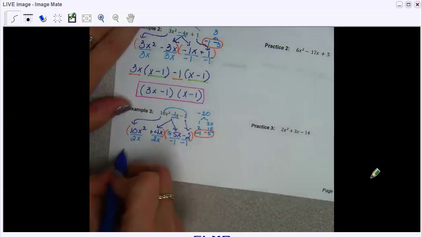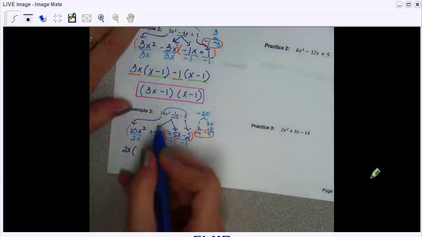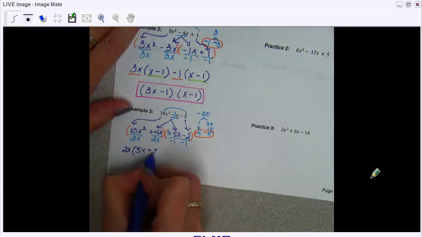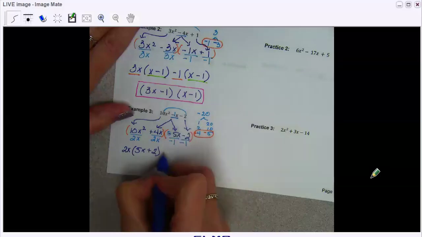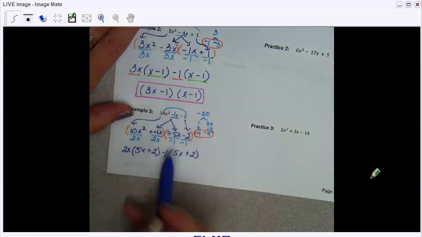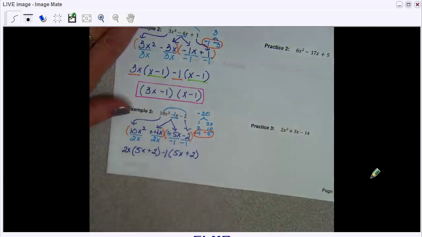So we end up with 2x, our GCF, and when we factor this, we get 5x plus 2. And the next one, our GCF was -1, and when we factor it, we get 5x plus 2. Because -5x divided by -1 is a positive 5x, and -2 divided by -1 is a positive 2.